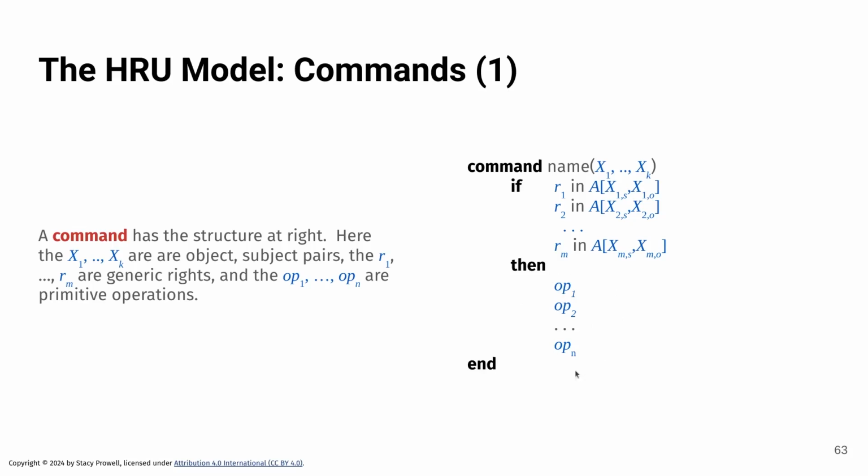That's where this sequence of operations down here occurs. So I check to see if some condition is true, and if it is, then I perform some operations. Pretty simple basic idea, but it allows me to create some fairly sophisticated commands that can do some fairly complex tasks. It basically allows me to build all of the Graham-Denning stuff and more.